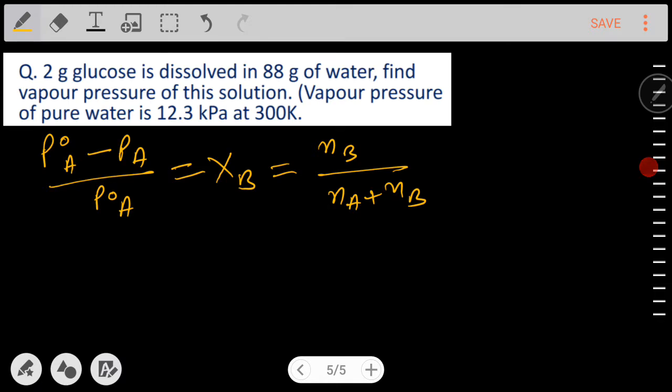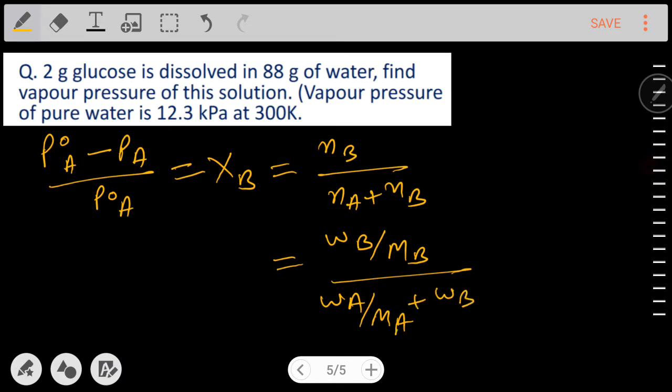So we'll get the equation WB by MB upon WA by MA plus WB by MB. So P naught A minus PA upon P naught A is equal to WB by MB upon WA by MA plus WB by MB. This formula will be utilized here to solve the numerical.